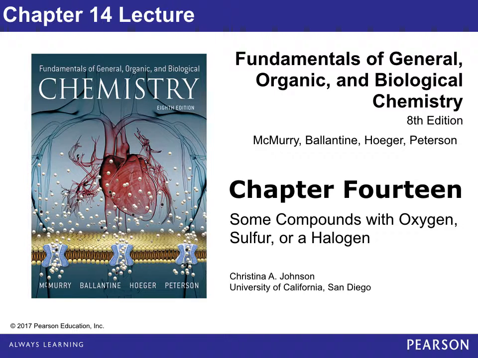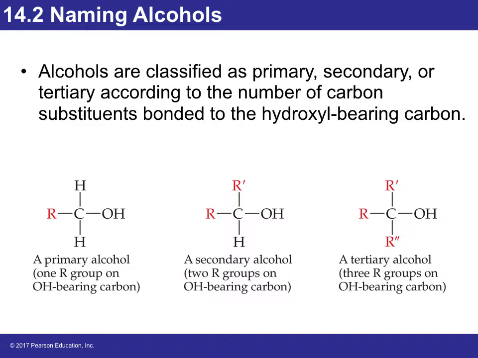Second part for this chapter 14, just highlighting the most important key points, naming alcohol. Another thing we have to go over is the way we classify them as primary, secondary, or tertiary alcohol. This has to do with the number of carbon substituents bonded to that hydroxyl OH carbon.